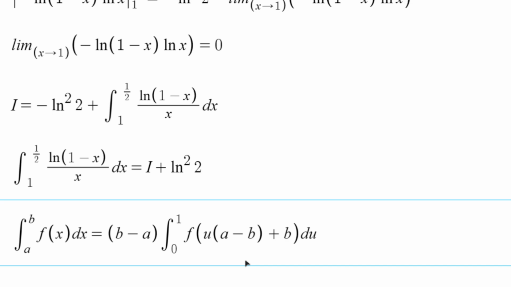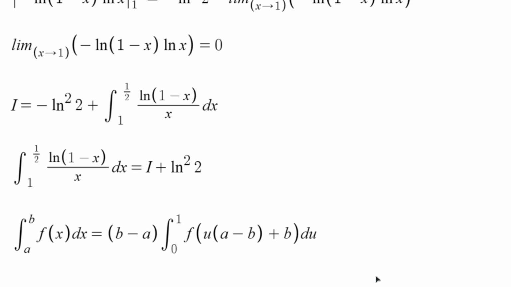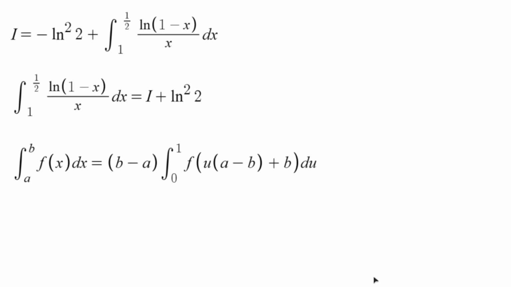Now we're going to be using the formula that I derived in my last video. That is any integral from a to b of any function of x integrated with respect to x can be rewritten this way. And that's useful because having our bounds of integration be 0 to 1 is nice, because there's a lot of known integrals with the bounds of integration 0 to 1.